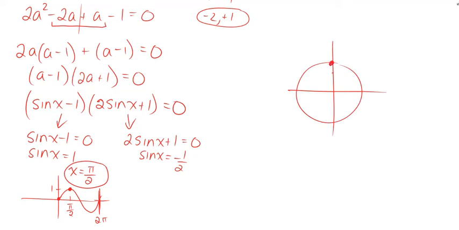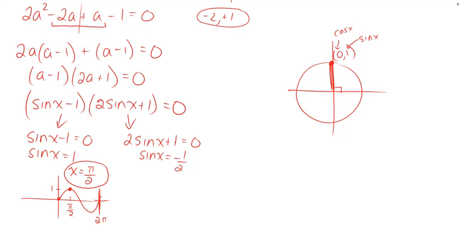Knowing right here at 0, 1, I know that the x-coordinate is cosine and the y-coordinate is sine. So at this point right here, sine x is 1, which is also at pi over 2. Or you can use your calculator to solve one like that, and it would give you 90 degrees, which is pi over 2.